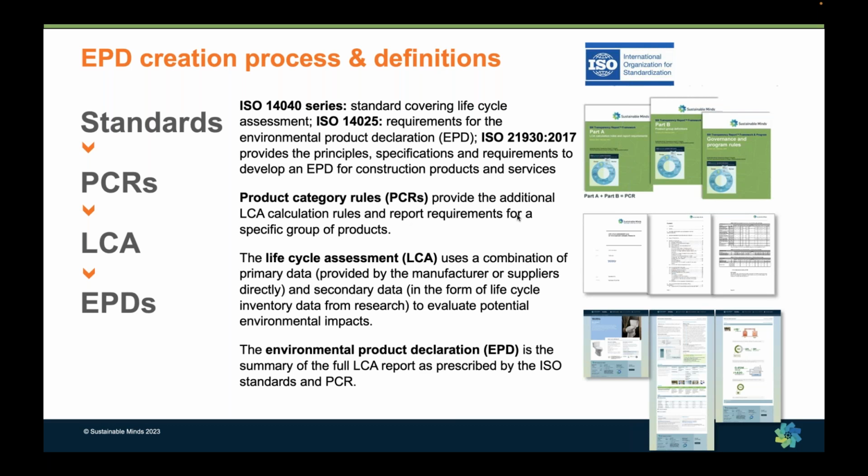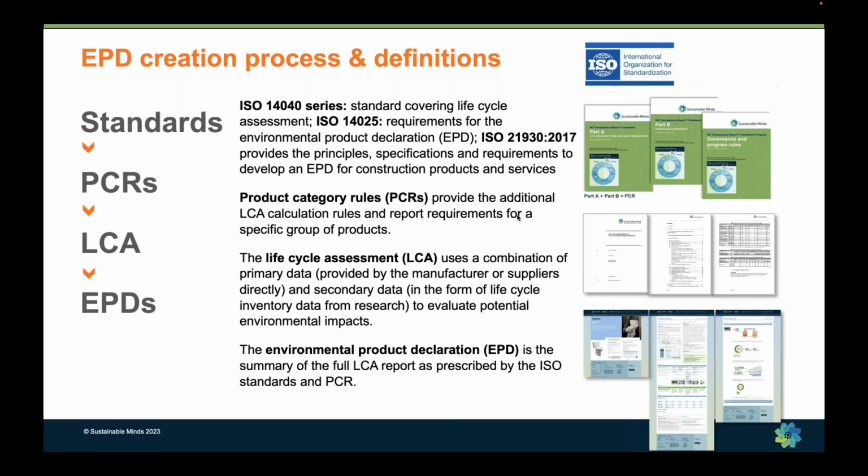The EPD creation process really has 4 inputs, starting with all of the technical standards that have been published through the ISO series, that then inform the guidance for how product category rules get written and created.